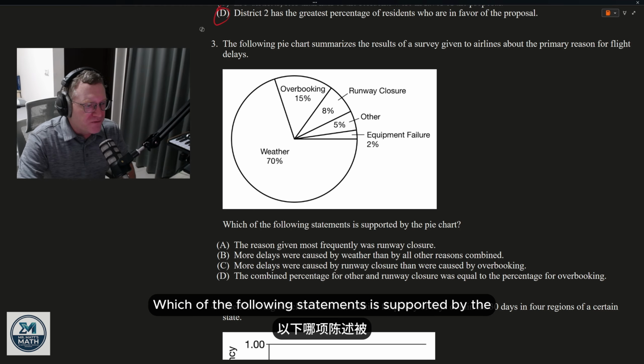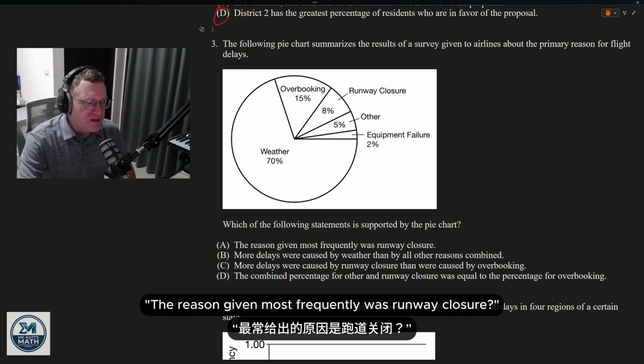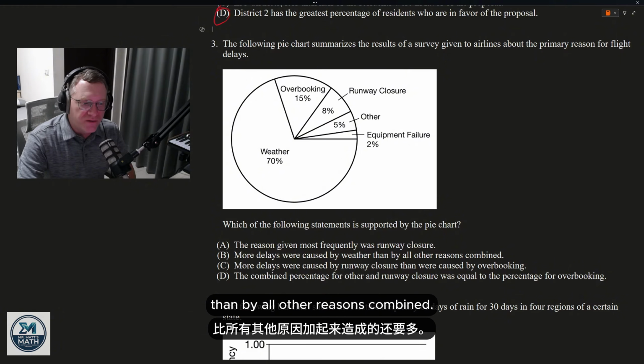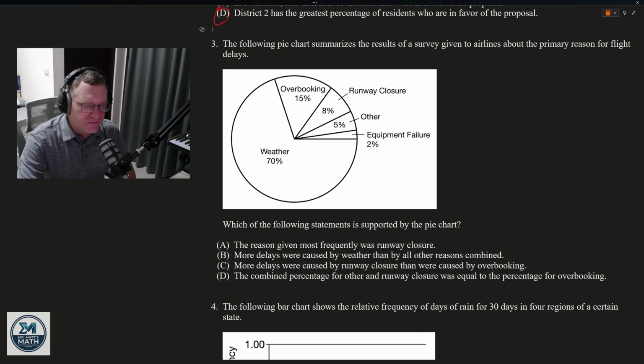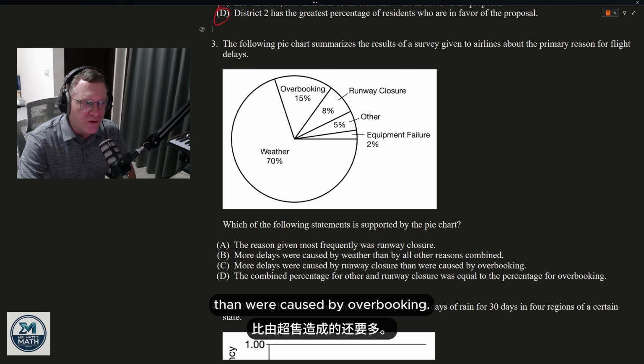Okay, which of the following statements is supported by the pie chart? Is it A, the reason given most frequently was runway closure? B, more delays were caused by weather than by all other reasons combined? C, more delays were caused by runway closure than were caused by overbooking?